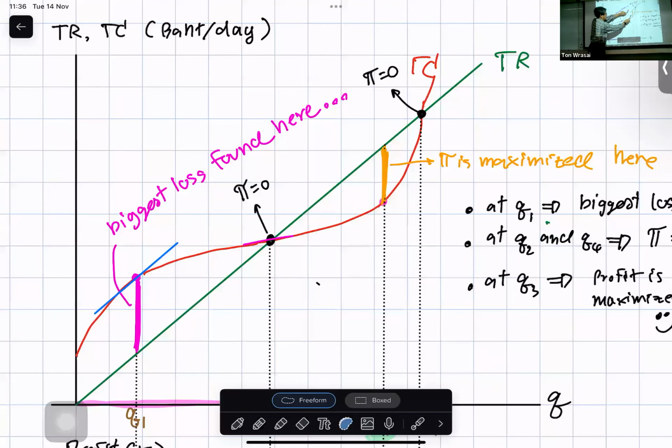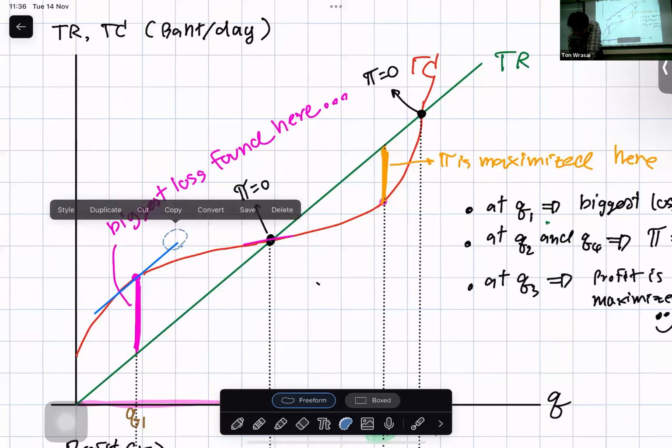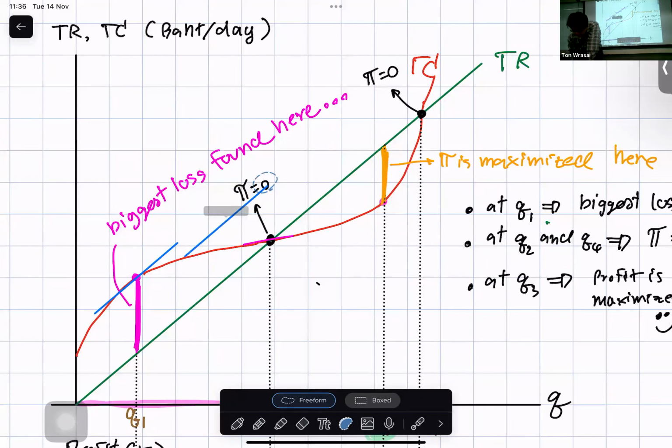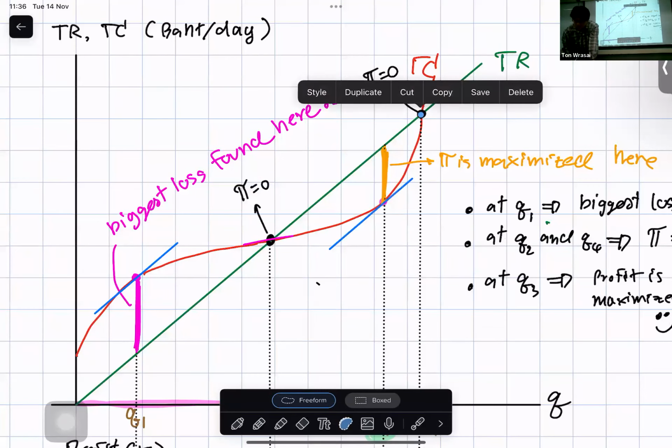One place already. Another place here: at the biggest gap, where the profit is maximized, it's one more time that the slope of TR equals the slope of TC, or MR equals MC.